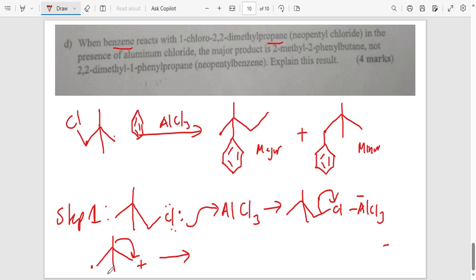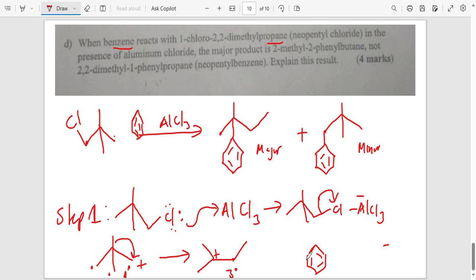We are remaining with this methyl and this methyl at this end, so I'll write them like this. And then we have attached a methyl at this one end, okay? And then the positive charge has moved, it has come here. This is a primary carbocation, this is a tertiary carbocation. Which one is more stable? The tertiary one.